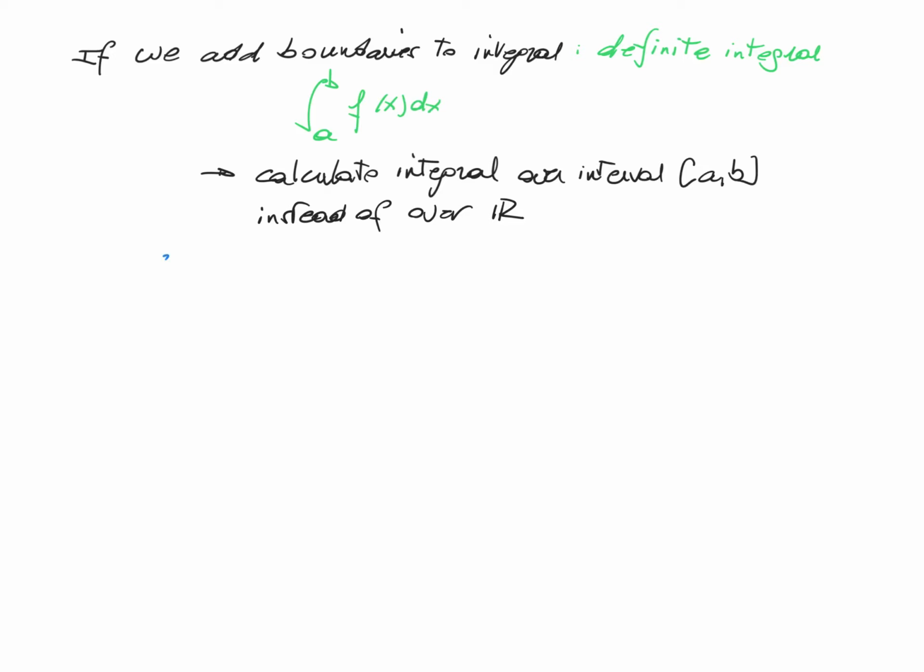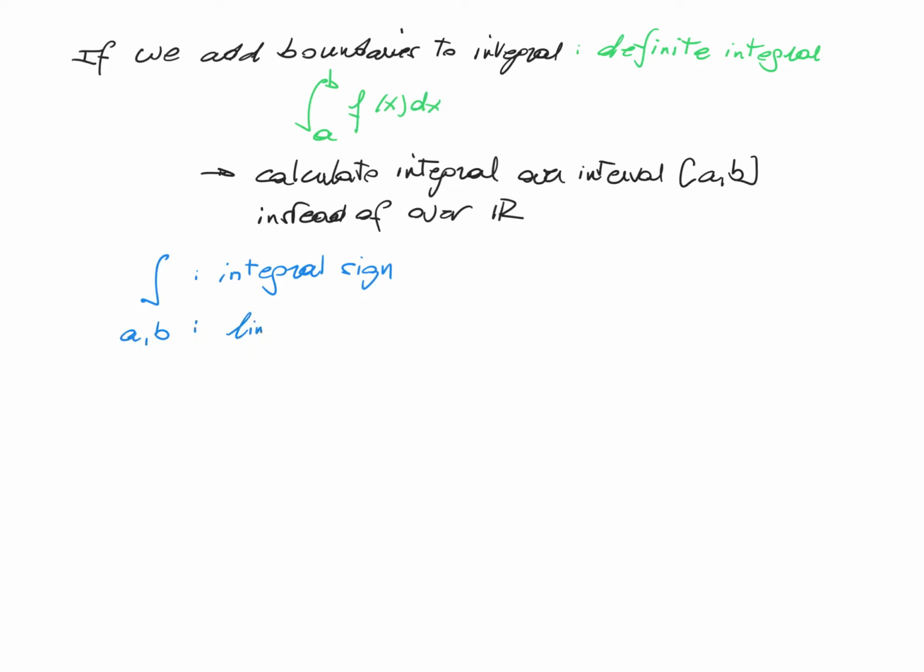For naming, the long-shaped S is called the integral sign. The integral sign is basically a long-stretched S, the letter S, because an integral is defined as an infinite sum. So because it is a sum, we indicate it with a long stretched s. Then you have a and b.